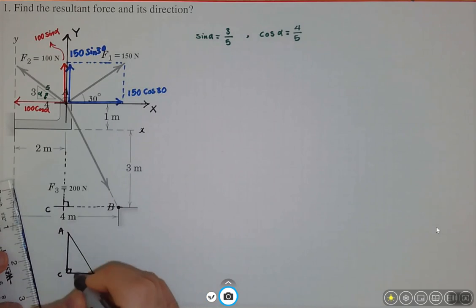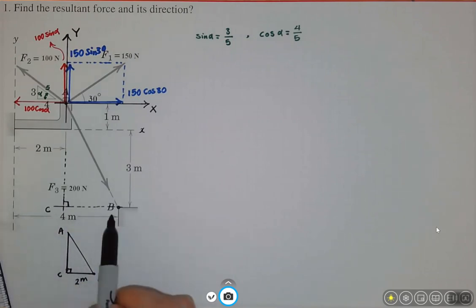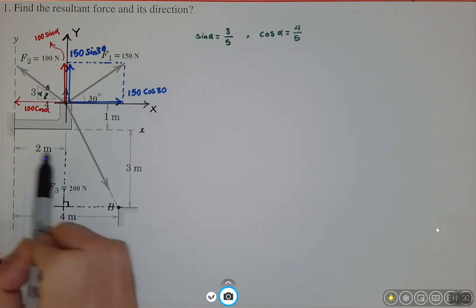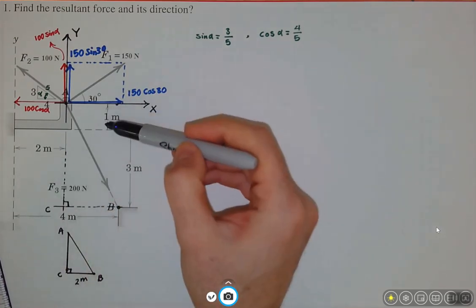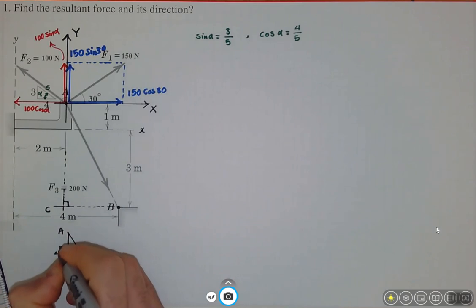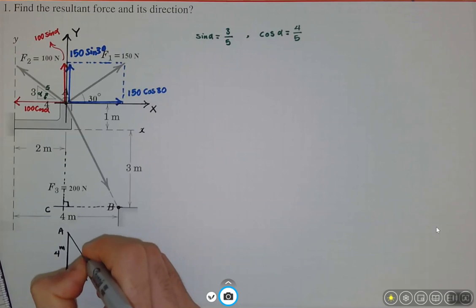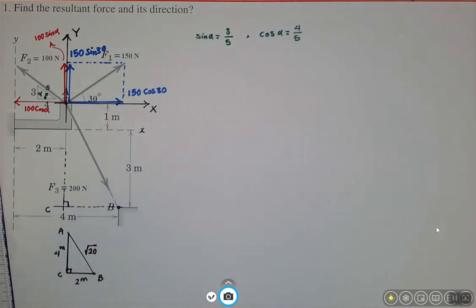So this side of the triangle is 2 meter, right? If you notice, the whole thing from the wall to the wall is 4 meter, and then from the wall over here is 2 meter, so it leaves me with 2 meter from B to C, and I have 1 meter over here and 3 meter over there, so this one is 4 meter. If I use Pythagoras, then I'll get the square root of 20 for the side AB.